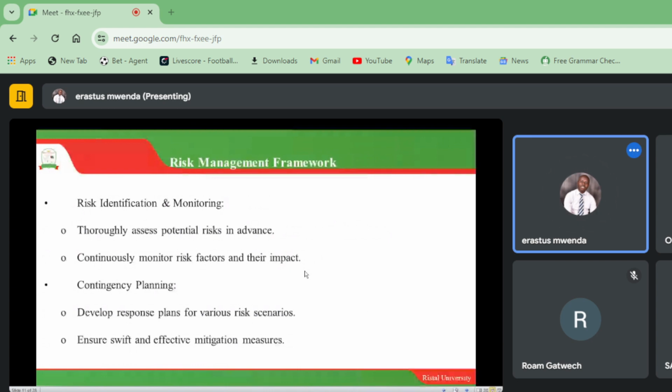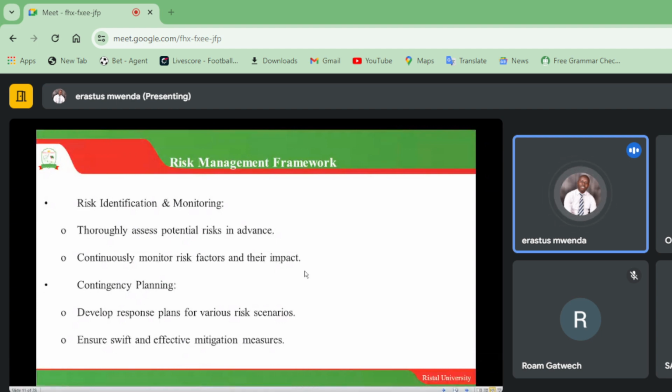And then another framework that we can adopt when we are managing risk in international purchasing is contingency planning. With this framework, we need to come up with what we call response plans for various risk scenarios. All these things you need to know in advance. What happens if I order an item from a particular country, and within 2-3 weeks we have what we have just called a political risk in that country?